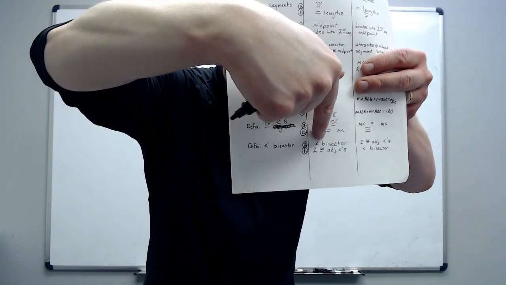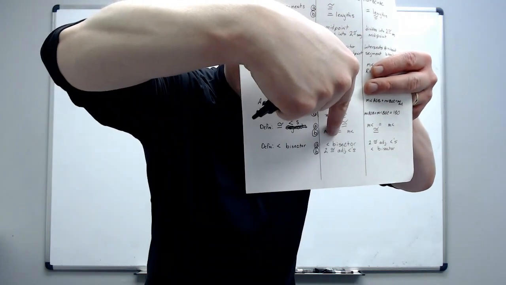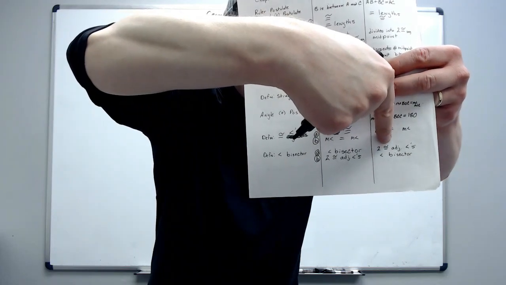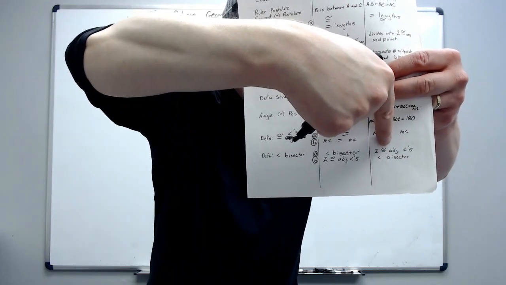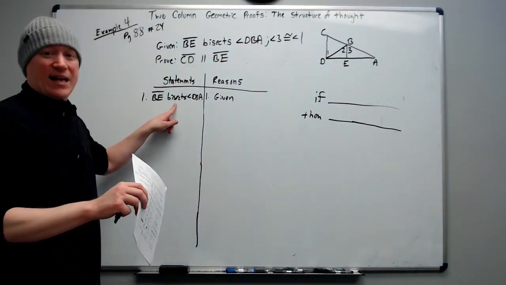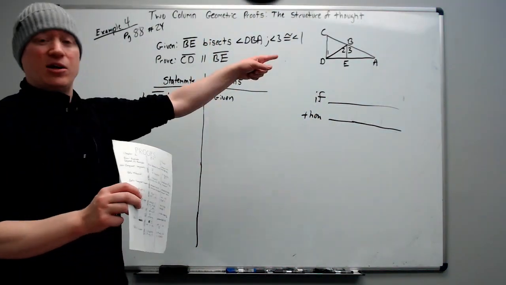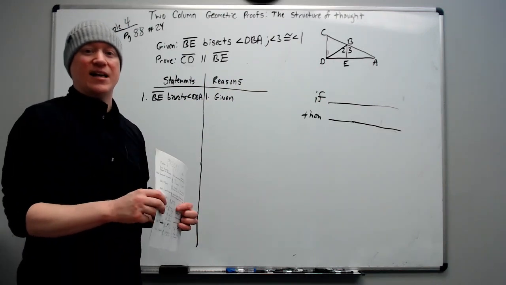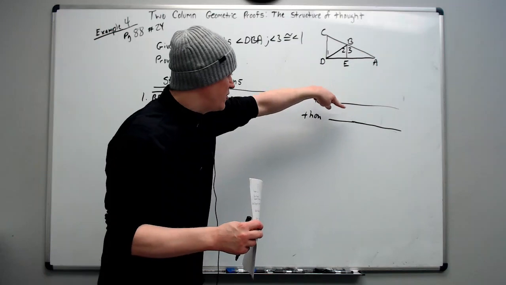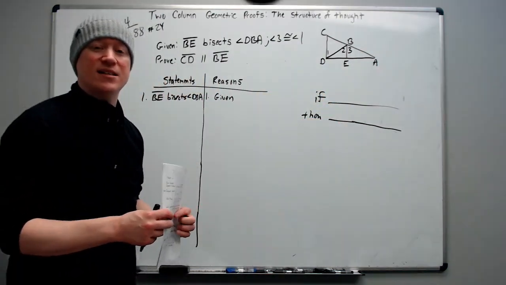The first one would be if I know I have an angle bisector, then I can conclude that there's 2 congruent adjacent angles, right? That's the situation I'm in. I know that I have an angle bisector. I don't yet know that I have 2 congruent adjacent angles, so that's what it leads to. If angle bisector, then 2 congruent adjacent angles.